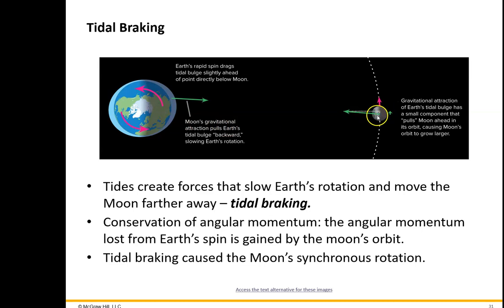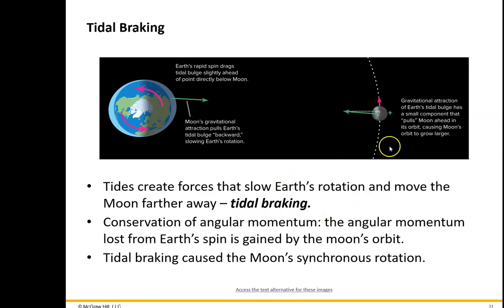Because of that, there's a small torque that is applied to the Earth from the moon, the torque on the Earth due to the moon, and the torque on the moon due to the Earth. And that's this idea of tidal breaking.